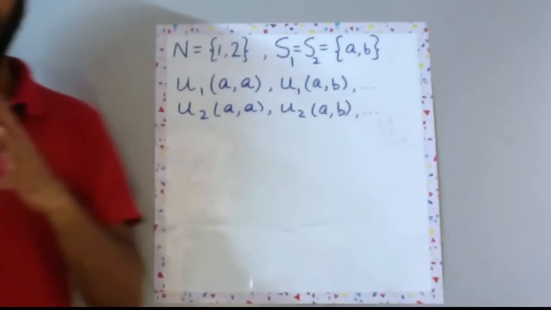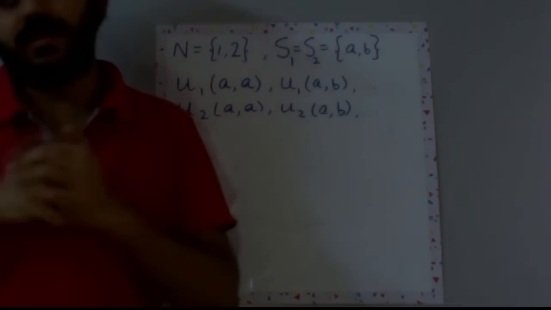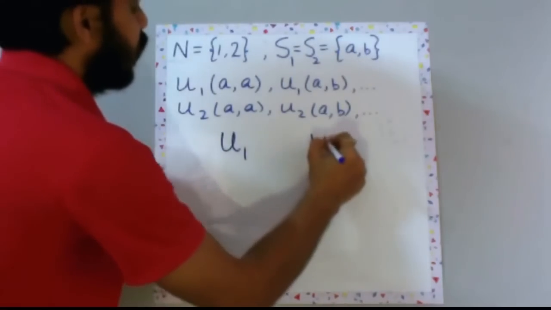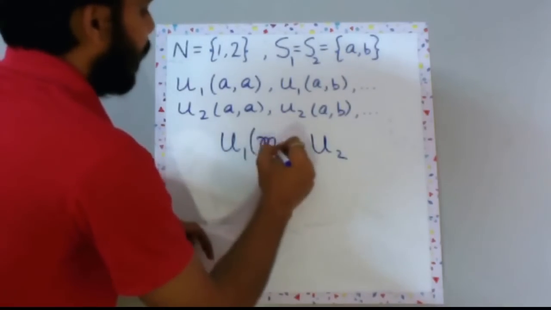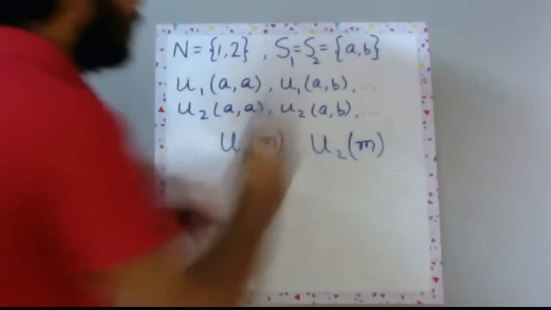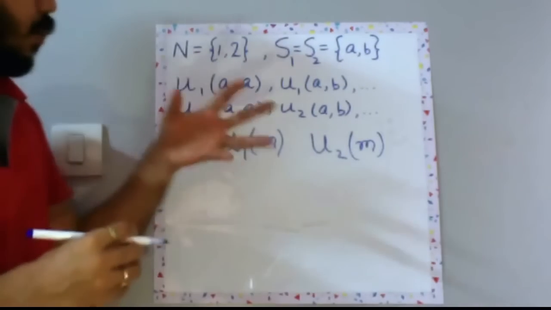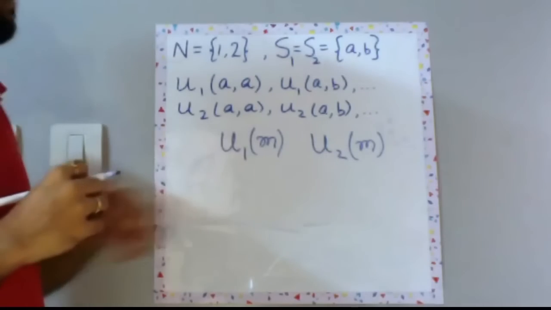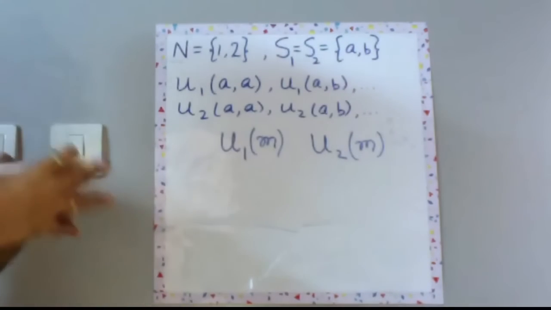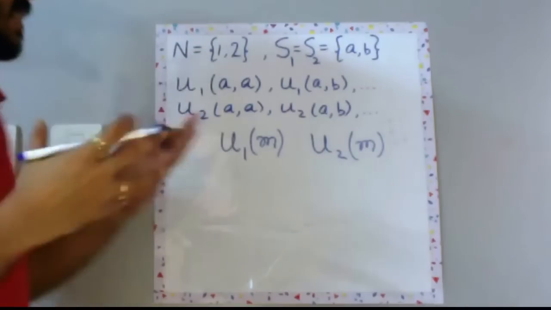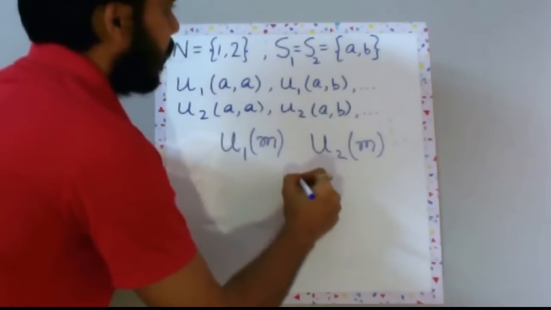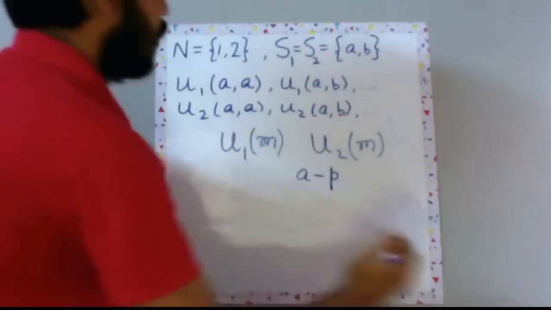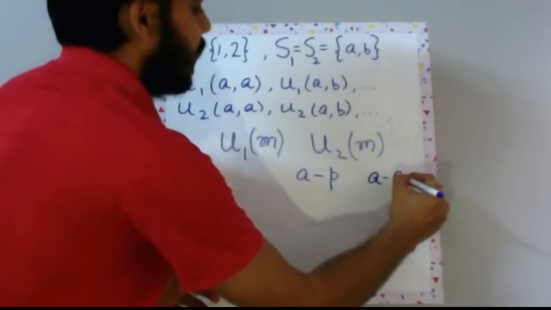After this, here comes the idea of mixed strategy calculations. I need to calculate utility for both players, U1 and U2, over all probability combinations possible, all small m possible. What I mean by this is my m can take any possible probability combination over A, B. So how can I represent this? Let's say player 1 is choosing A with a probability of p and player 2 is choosing A with a probability of q.